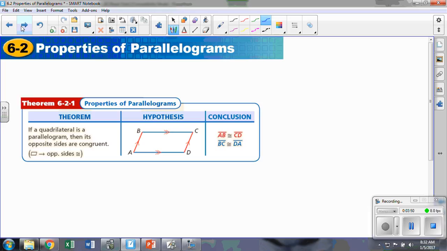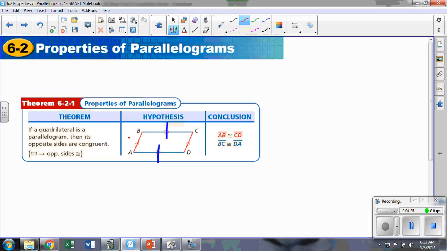First thing about parallelograms that we expect you to know. And unfortunately, these things don't really have a name to them, so it's not like you can say, this is the parallelogram theorem. They're just expected you to know, and when we reference them, we're going to generally use the symbolic logic. But first of all, if you know that it's already a parallelogram, your opposite sides will be congruent. That is, those parallel sides. Your top and bottom are not only parallel, they have to be the same length also.